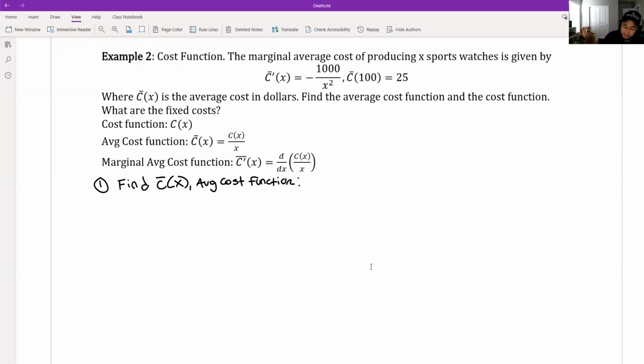So this means that to find the average cost function, we are going to take the integral of C bar prime of X with respect to X. Well, it's a good thing that C bar prime is given above in the problem, which means we get the integral of negative 1,000 over X squared dx. So this part is C bar prime of X, right? That's given from the problem.